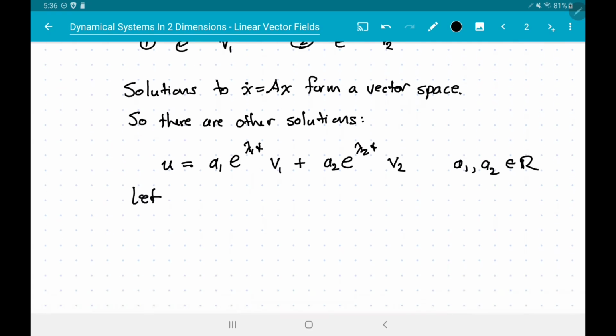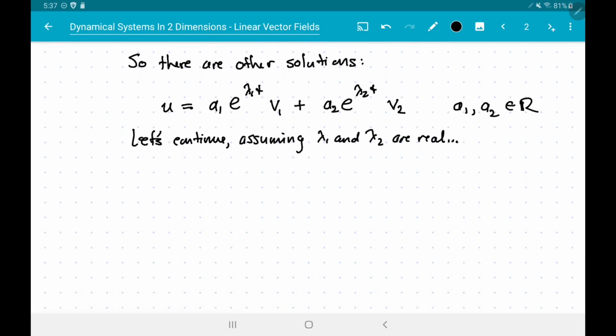Let's continue, assuming lambda 1 and lambda 2 are real. So what happens when lambda 1 and lambda 2 are real? Well, in this case, you're going to get solutions that are made up of a component in the v1 direction added to a component in the v2 direction.